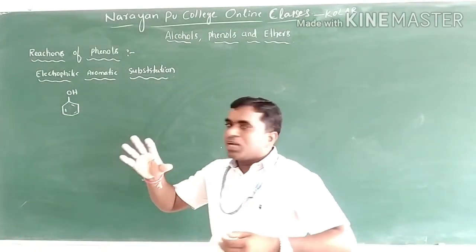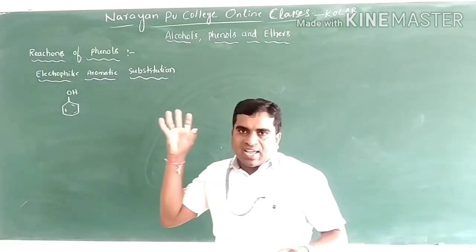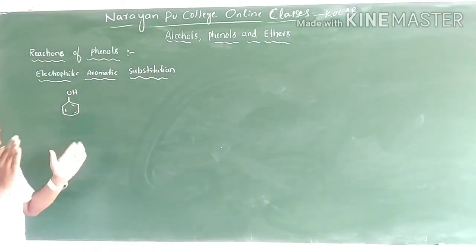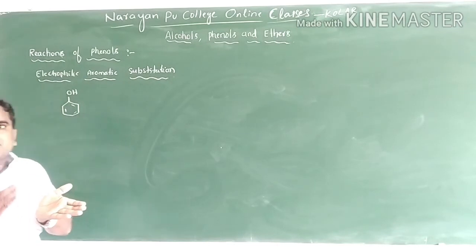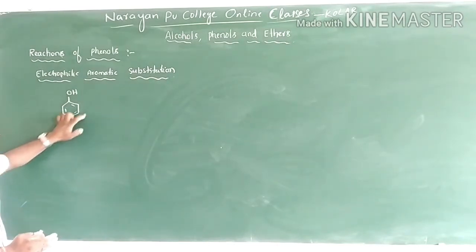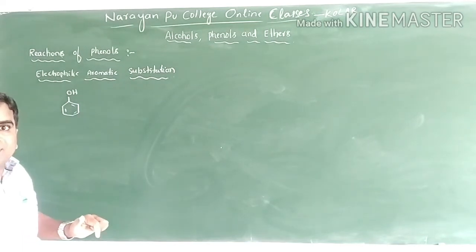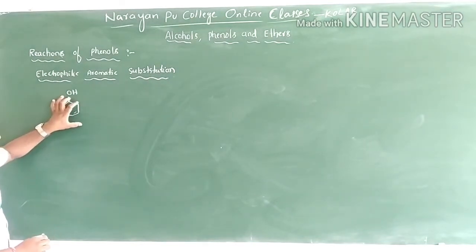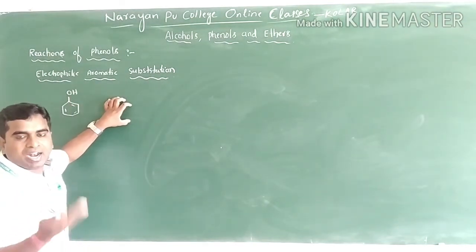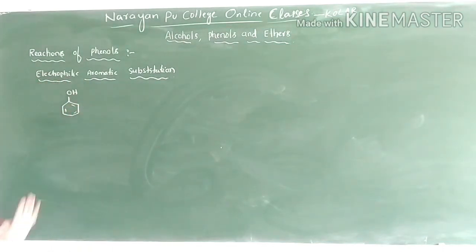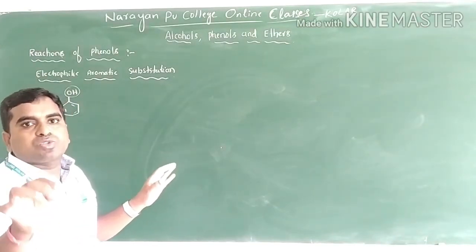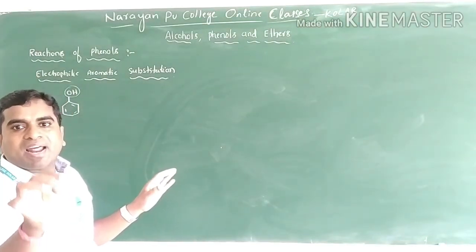When an electron donating group is present on the benzene ring, it donates electrons to benzene to a very large extent, so the benzene ring gets activated. Benzene activated means it is electron rich, so it undergoes electrophilic substitution, because it is electron rich and will react with electron deficient species, which we call electrophiles. As I already mentioned, the OH group is an electron donating group, and electron donating groups are ortho and para directing groups.